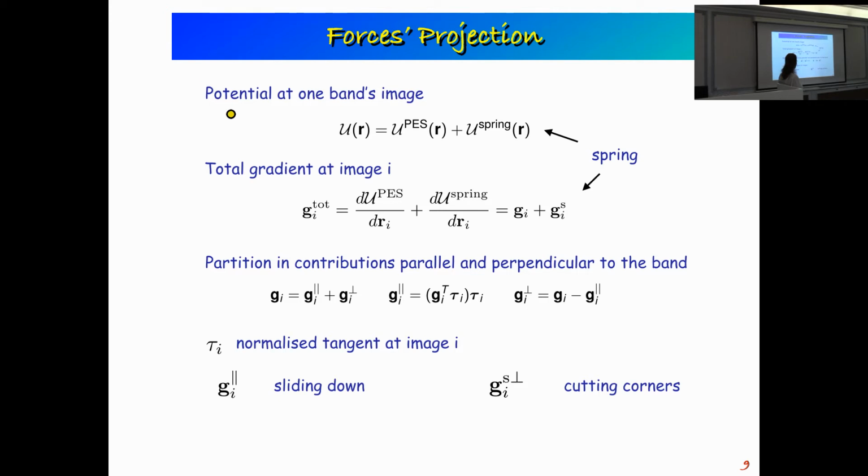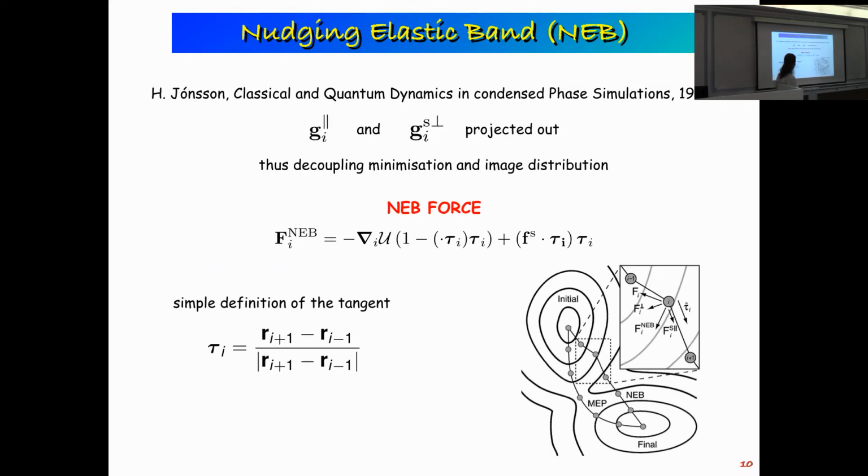For every contribution, it distinguishes the parallel component and the perpendicular component to the path, and then you remove the sliding down component, that is the parallel component from the underlying potential, and the corner cutting component, that is the perpendicular component of the spring. This method is very well known and is the nudged elastic band method.